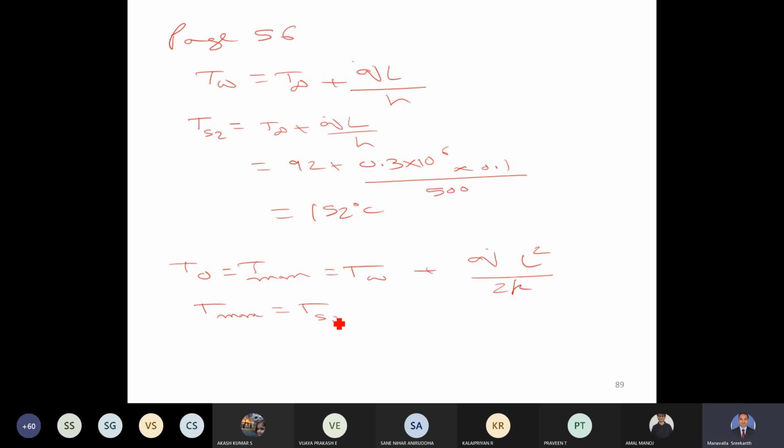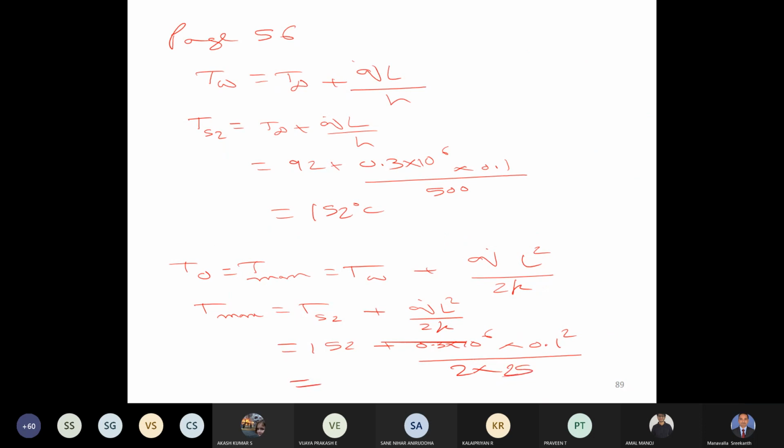T wall is TS2 plus Q dot L square by K. So TS2 I'll substitute as 152. Q dot is 0.3 multiplied by 10 power 6 multiplied by L square, which is 0.1 whole square, divided by 2 multiplied by 125. So this will be 212 degrees Celsius.